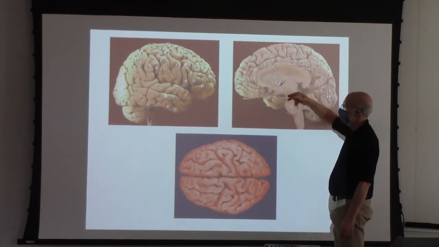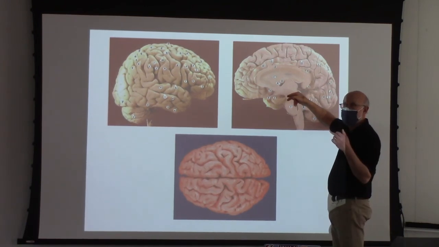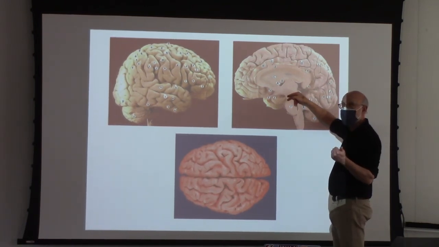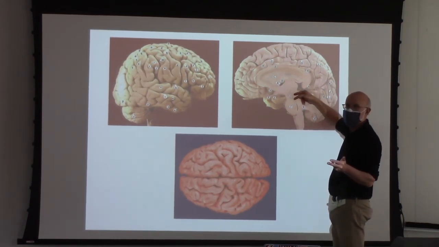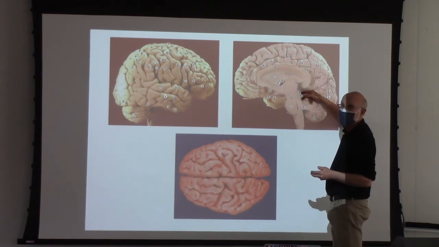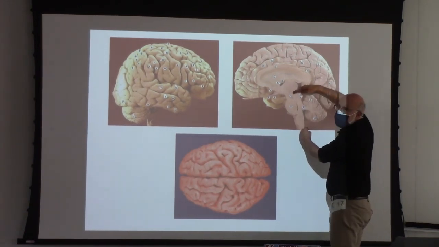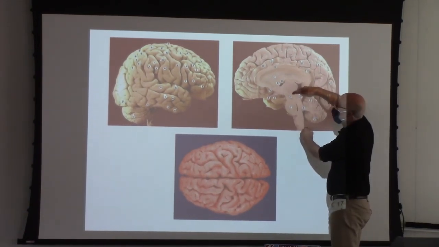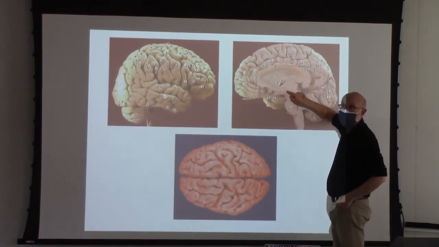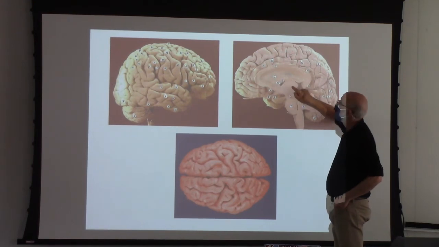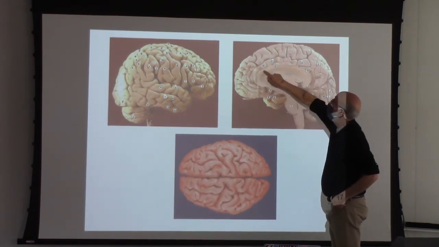Midbrain, where the ventral tegmental area, substantia nigra, locus ceruleus, and raphe nuclei are. Midbrain. Brain stem together. Thalamus. Corpus callosum.